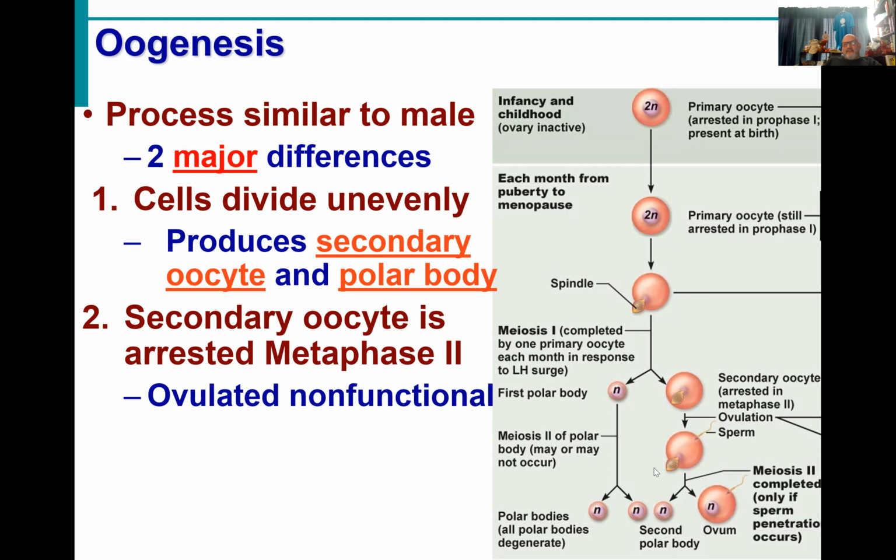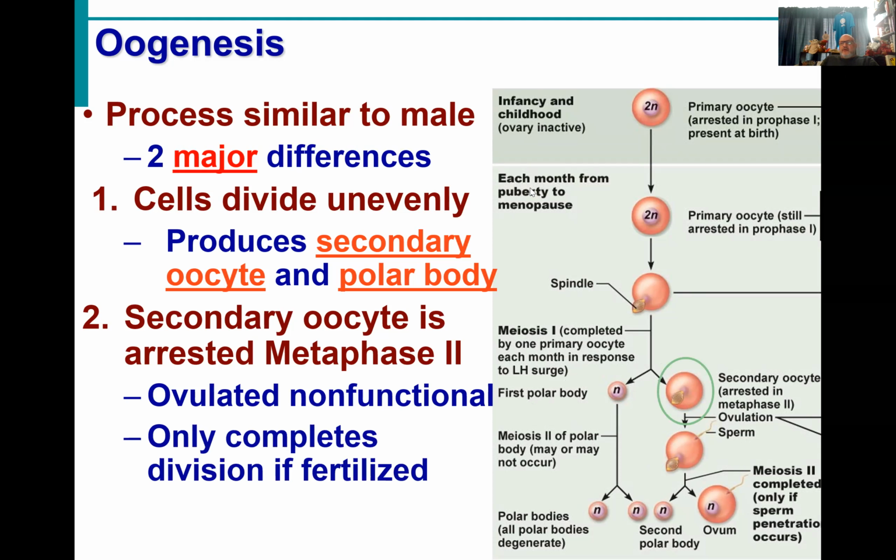And it is in this immature, non-functional state that it is ovulated from the ovary. And it only gets to complete meiosis if it is fertilized by a sperm.